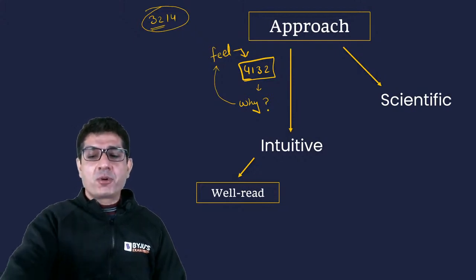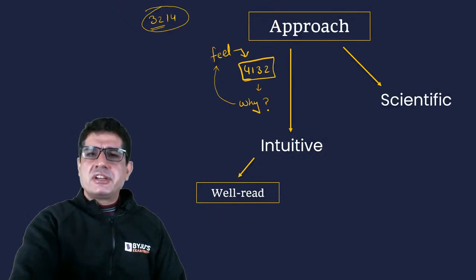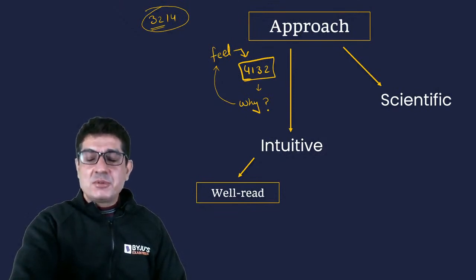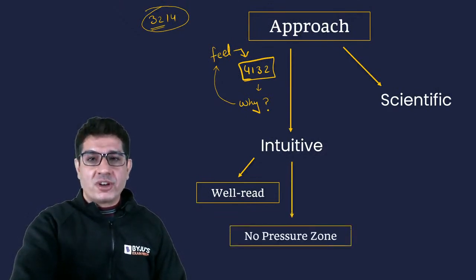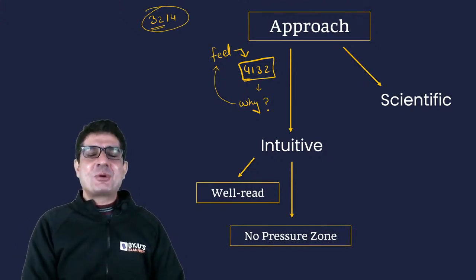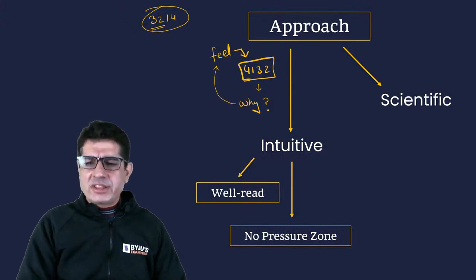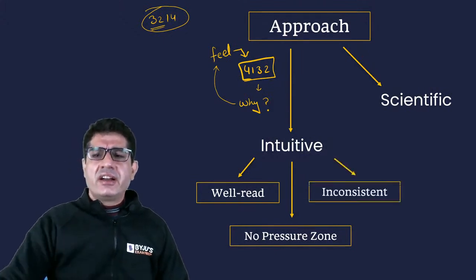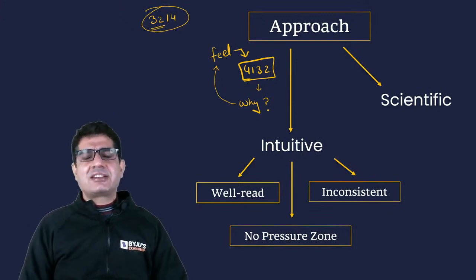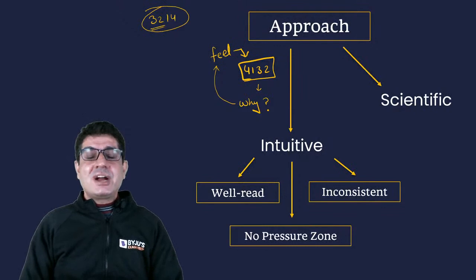So the intuitive approach works only when you don't have pressure, but when you sit down to write your actual exam, you are in a pressure zone. So this intuitive approach may not be very useful there in the examination hall. And the third issue is that the intuitive approach is inconsistent. There are times when you get it right, there are times when you get it wrong, but you can't fix it.